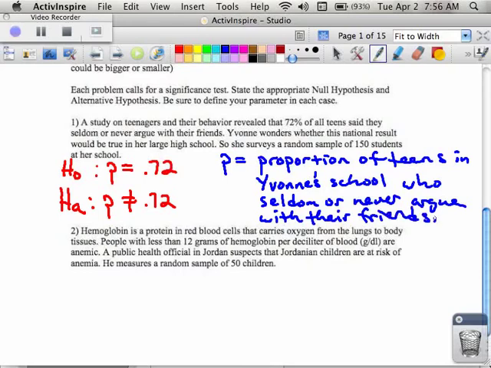So the red is the math part, and the blue is the context part of what you're trying to say.